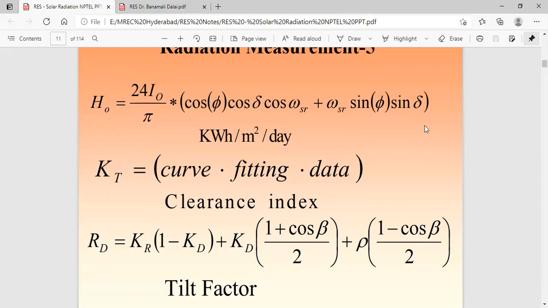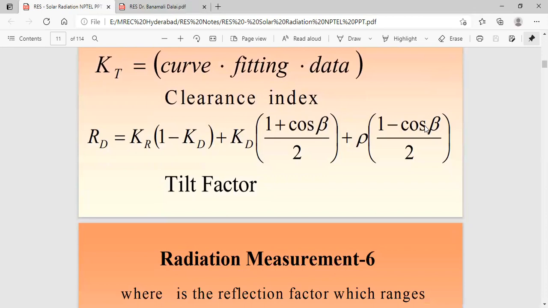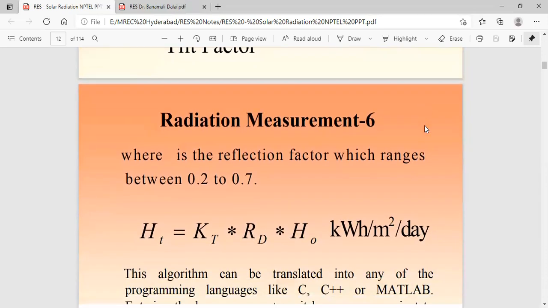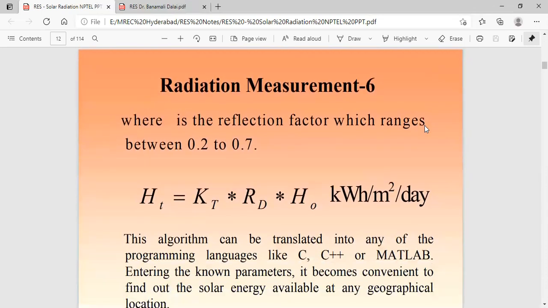KT is a function of curve fitting data. That is the clearness index. Where RD is the reflection factor, which ranges between 0.2 to 0.7.